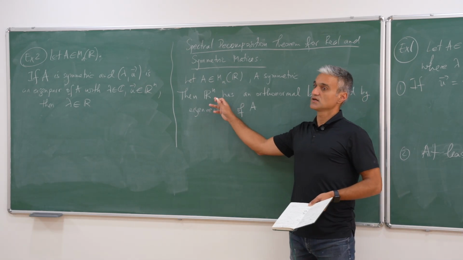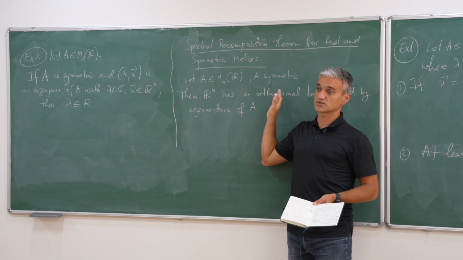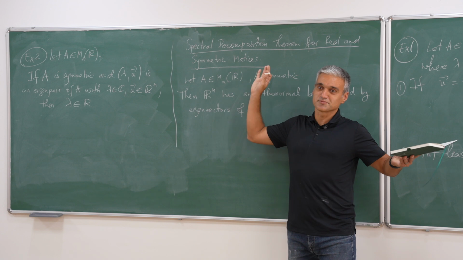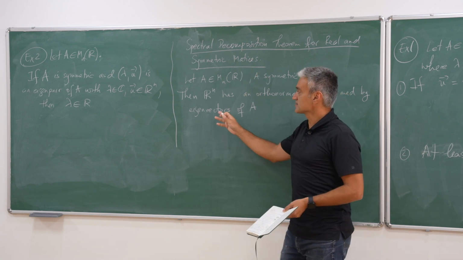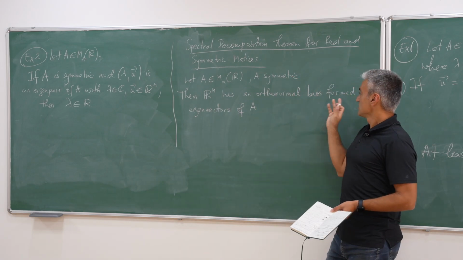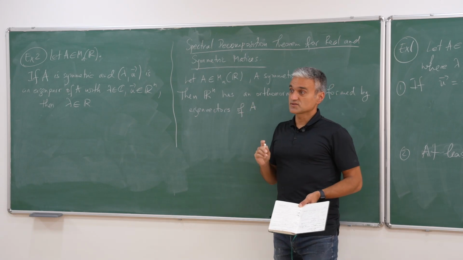Well, the big deal is everything in this space is going to be written as a linear combination of eigenvectors of A. The space is large, and there are many things that are not going to interest you. But everything that is going to interest you that is a vector will be a linear combination of eigenvectors of A. So you can relate it to A. That's going to be very important.